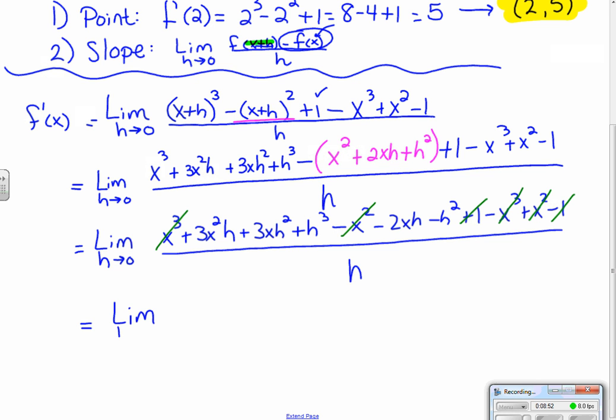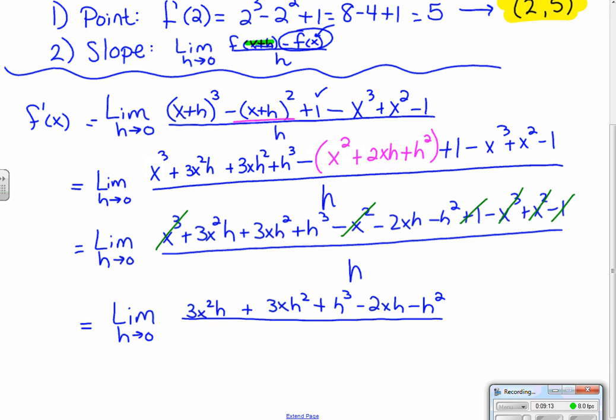The limit as h goes to 0. I am left with a 3x squared h plus a 3x h squared plus an h cubed, a minus 2xh and a minus h squared, which is fantastic because they all have an h in them.